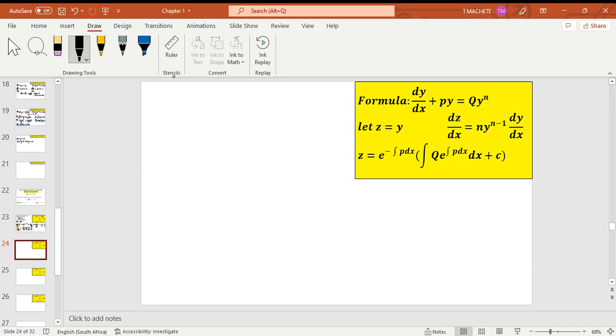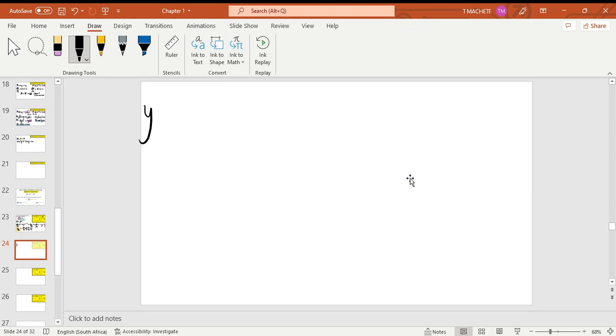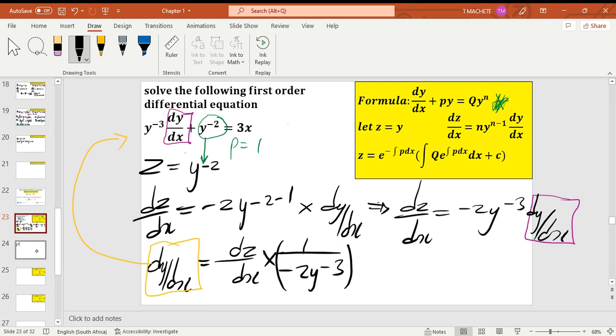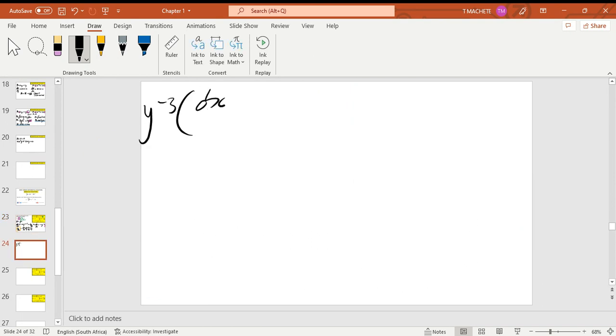So from the original formula, when you substitute those values, let me remove this. We don't need it for now. So when you substitute this into the original formula, it had y to the power minus 3. Then where there is dy over dx, you're going to put this dz over dx.